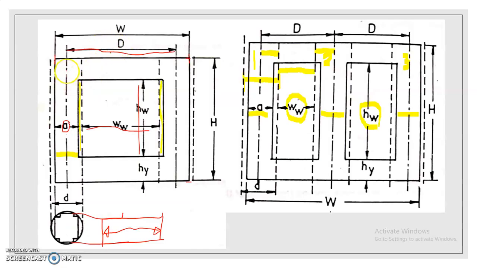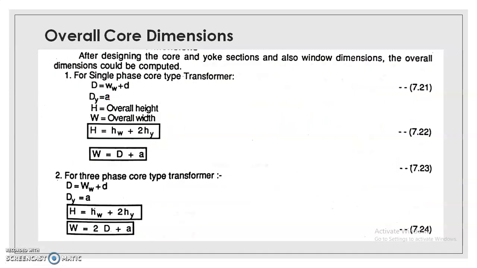Capital D is nothing but this portion is D by 2. You can see here D by 2, this portion. Then next WW, width of the window, again it appears, D by 2. D by 2 plus D by 2, small d plus WW. So you can write that as WW plus small d.